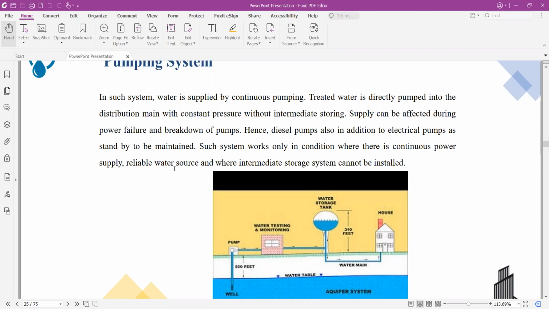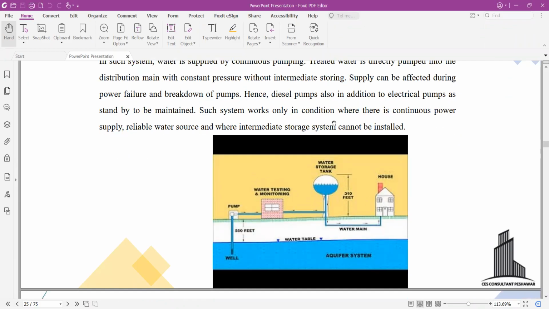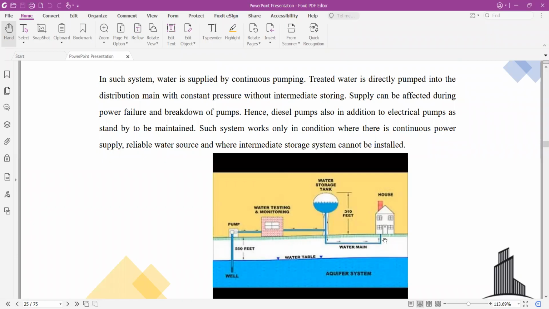Mostly diesel pumps should also be provided, so that if there is an electricity problem, the diesel pumps can be run to fulfill the demand of a community. The pumping system with storage can also be provided to store the water in an intermediate place and then transfer it to the houses by providing a head from the storage tank.